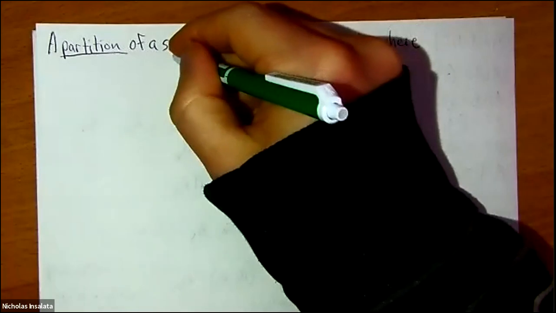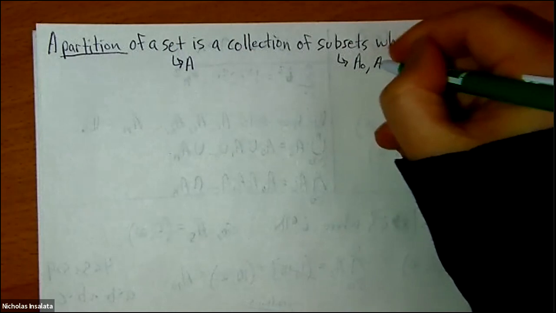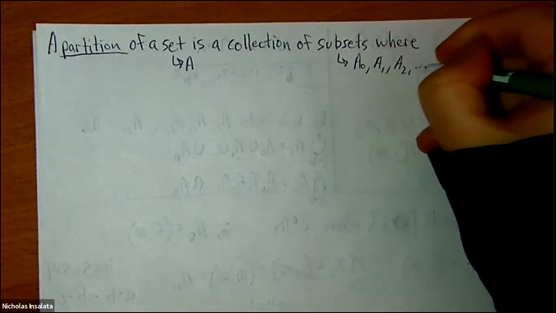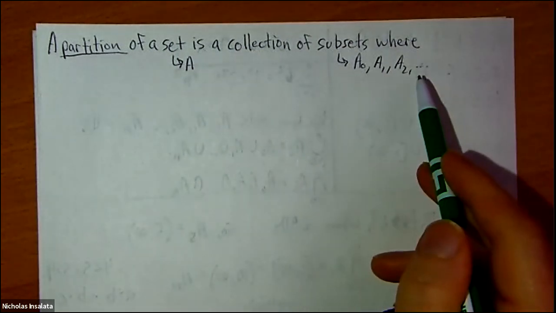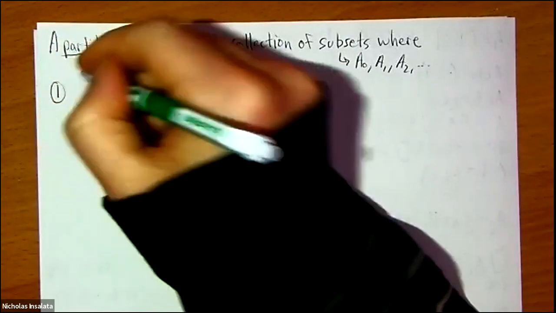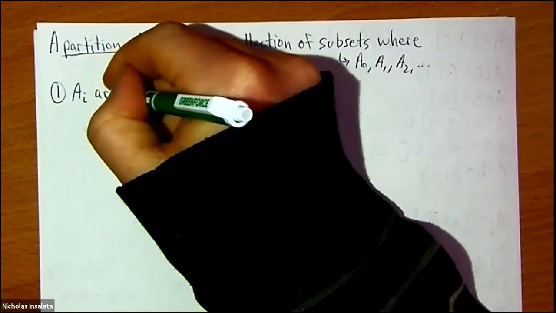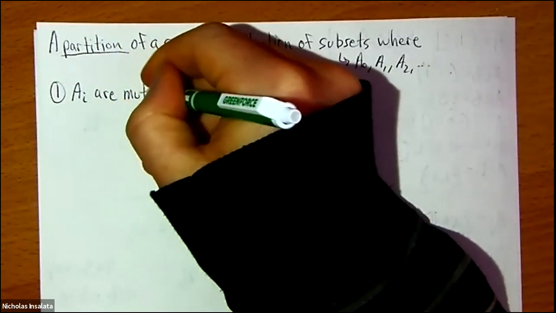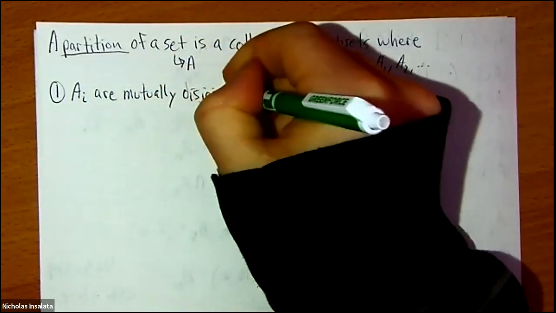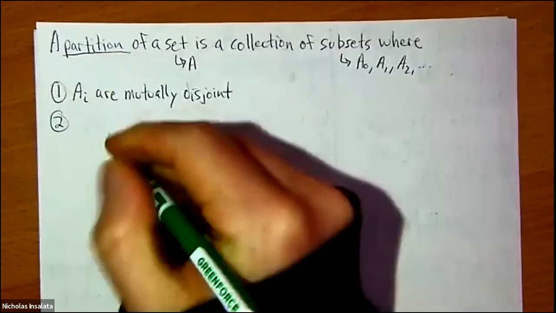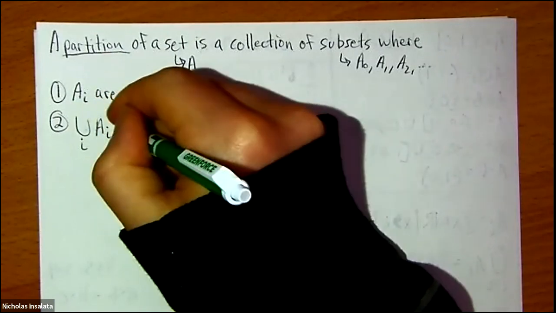Let's call the set A, and let's call the subsets A0, A1, A2, and so on. The big set is A, and the subsets are all going to be indexed. There are two rules that need to be followed. First of all, the A sub i are mutually disjoint. And number two is that the union over all the i's of A sub i equals A.